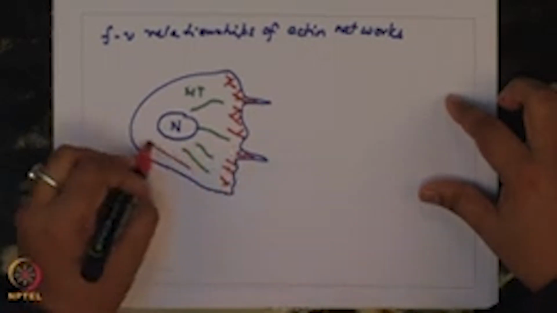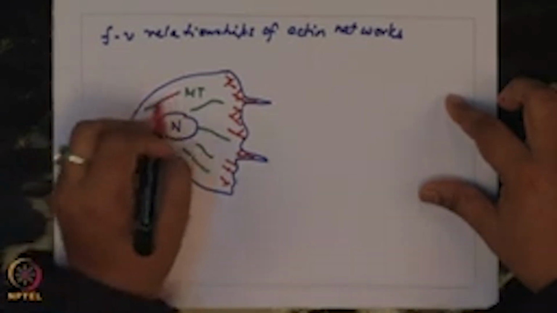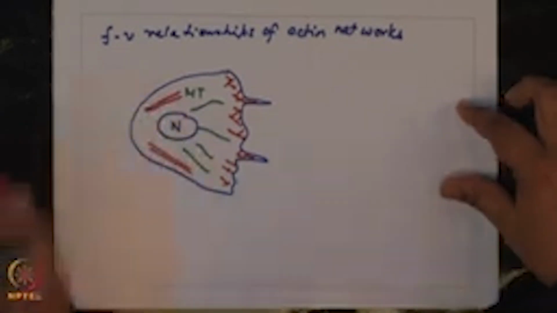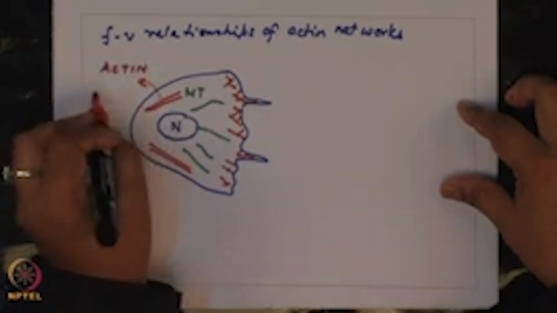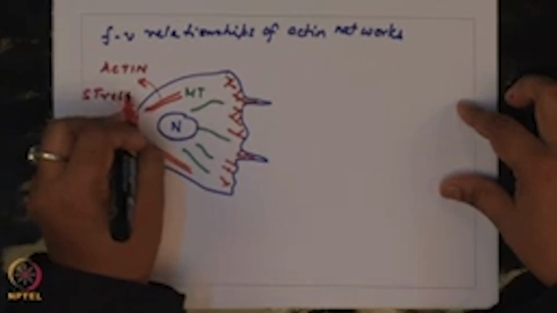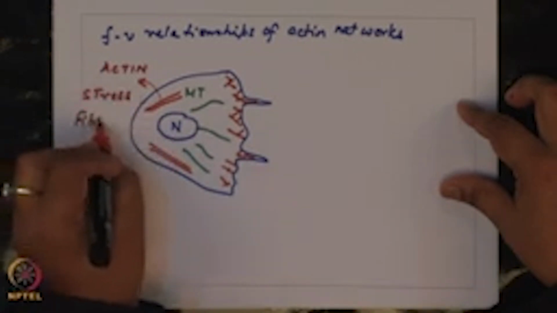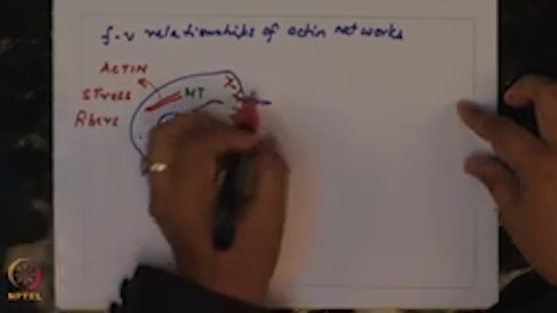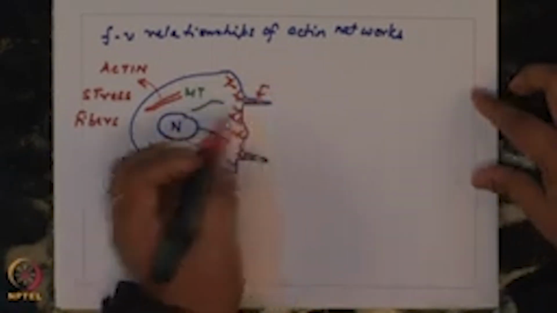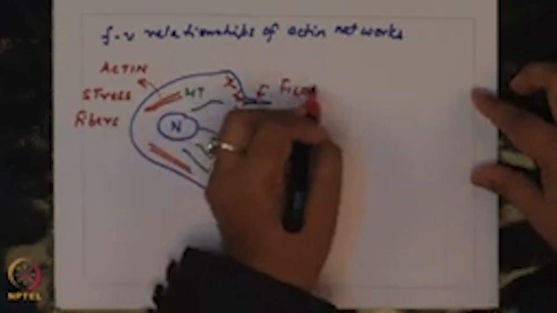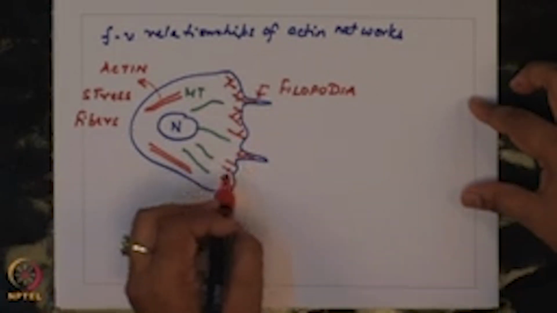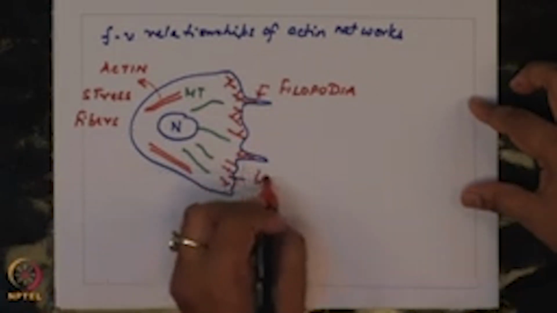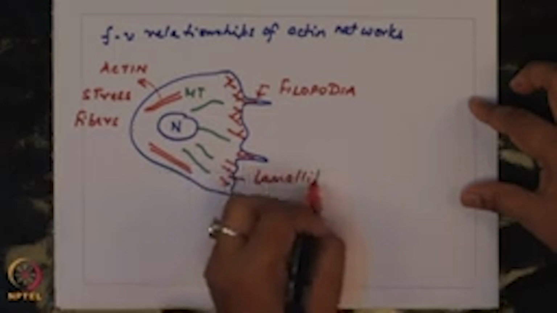So, these structures are your actin stress fibers. These long pointed extensions that you see are called filopodia, and this branched network, this portion of the network is lamellipodia.